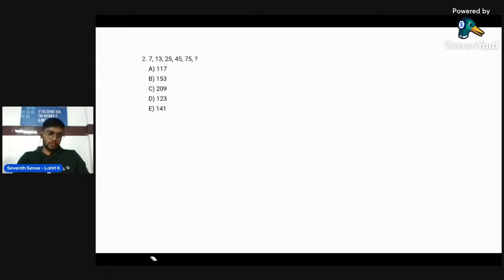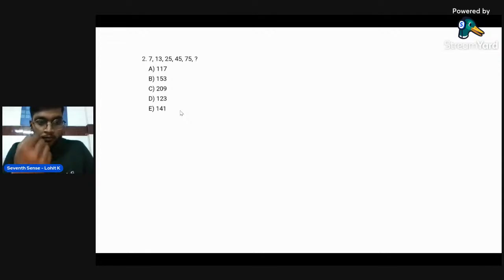What could be the answer for this? Has anyone given the correct answer here? No. Try to solve this and tell me the answer. First, what you have to do is you can take the difference, and then you can calculate it if you're getting any kind of pattern. Otherwise, check what kind of type they have used. Have they used any kind of arithmetic operations?